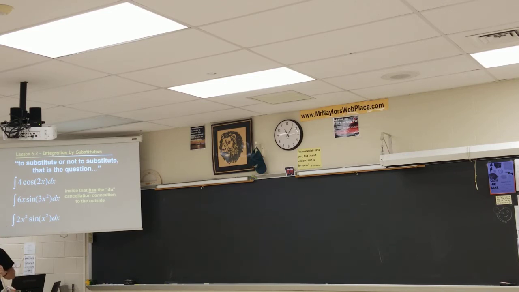And some people are going to think this way on this little activity I give you. If you choose that one to be u, the derivative of 2x is simple. It's just a number.